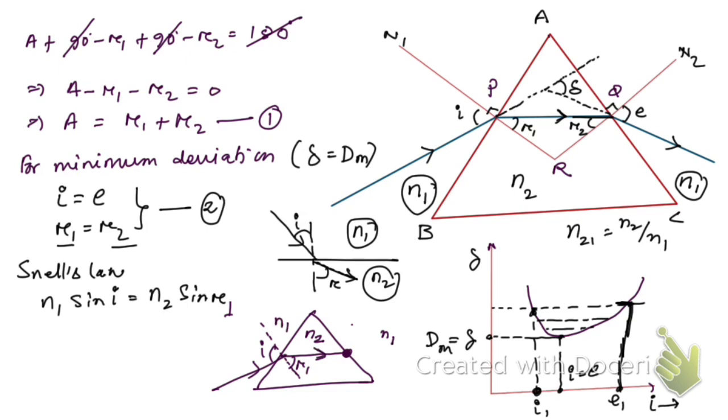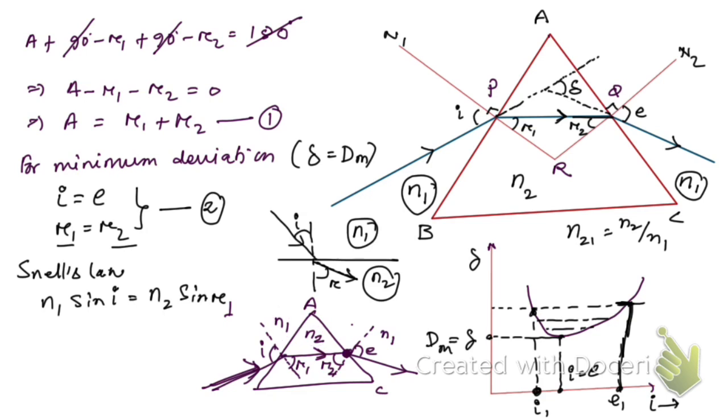Okay, now if you draw this normal, this angle r2 is the angle of incidence for this phase, ASC phase. And this angle of emergence is the angle of refraction now. So when light was moving from this medium of refractive index n1 to refractive index n2, we have got this relation.